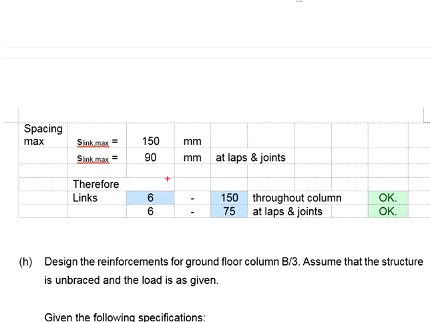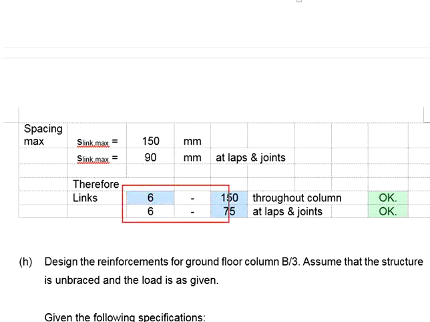Otherwise, the workers on site will have to do some conversions. To make their work simple, maybe we do it in the 25 mm interval. The maximum spacing shall not be exceeded. That means the proposed spacing here shall be smaller than 90 mm. The closest 25 interval will be 75 mm.